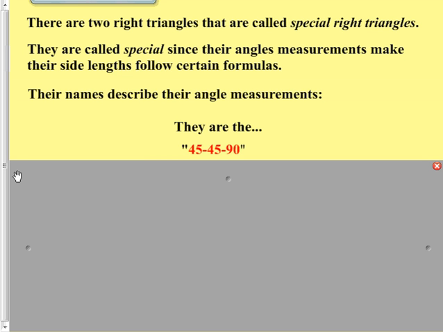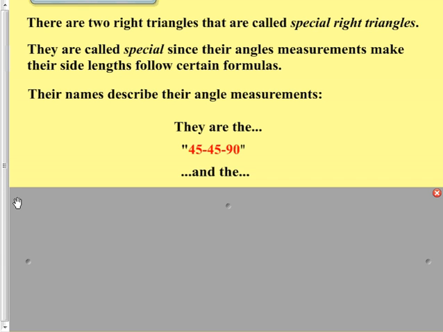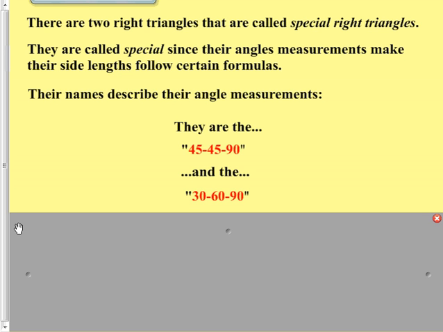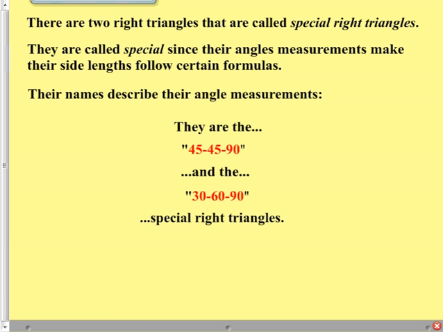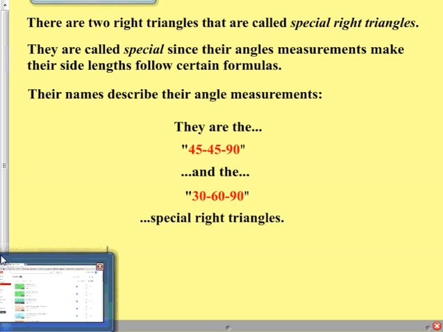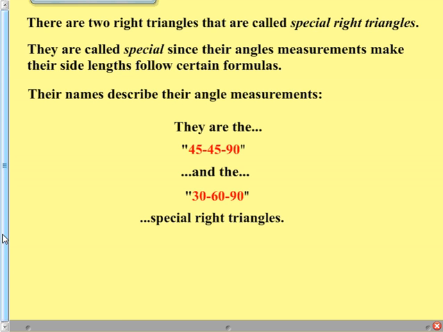Since we already called it a special right triangle, there needs to be a right angle in there. The second triangle that we are going to look at is referred to as the 30, 60, 90. These are the special right triangles, and again, the name refers to the angle measurements. So the second one has a 30-degree angle, a 60-degree angle, and of course a right angle.